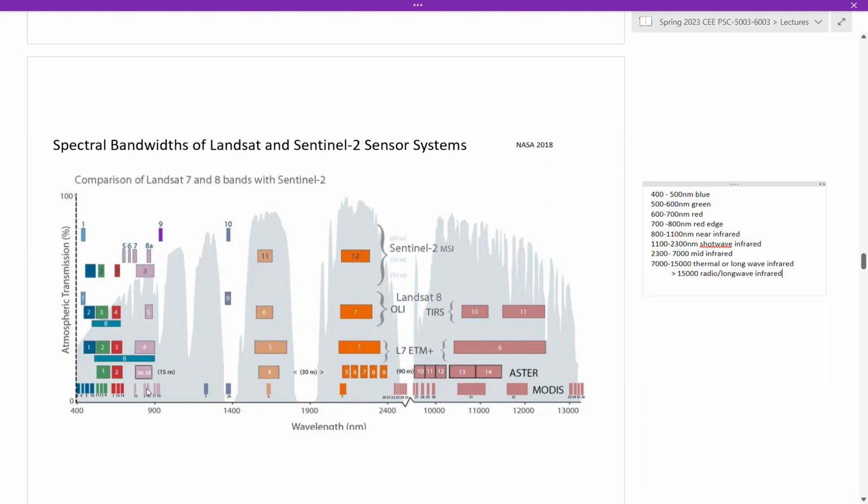Then we have near infrared here, and mid-infrared. And then, based on the numbers we have here, thermal data that some satellites have, like Landsat, Aster, MODIS, but Sentinel-2 doesn't have it.